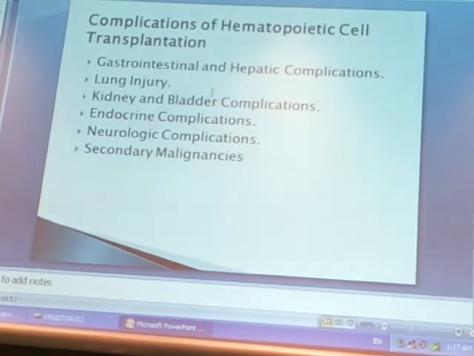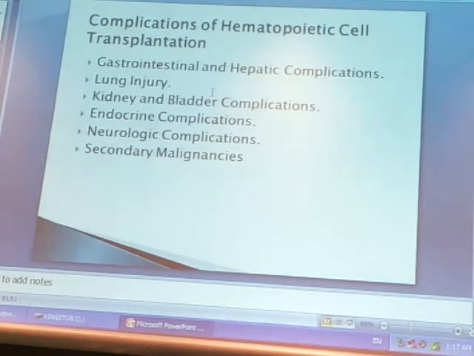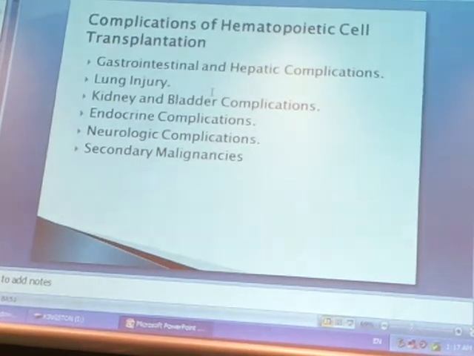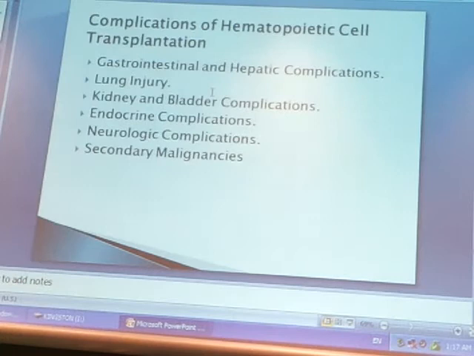For allogeneic transplant, we keep them inpatient for 30 days, and then 100 days very close to the hospital, and after that they need to be monitored for life. Allogeneic transplant is a full-time job for the patient because after discharge he needs to be monitored twice weekly, then once weekly, and then monthly, and probably more than that.